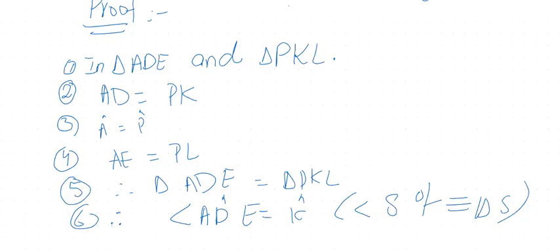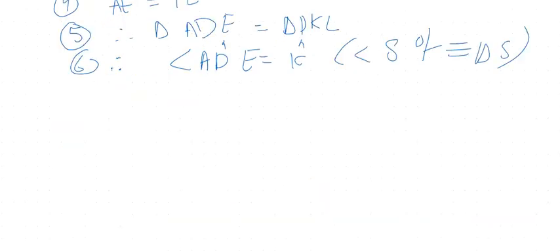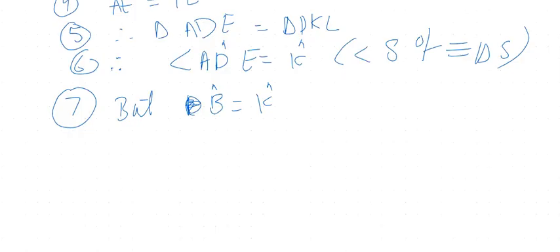So the seventh point, that's the given point that angle P equals angle K. So angle ADE equals angle B, all right?